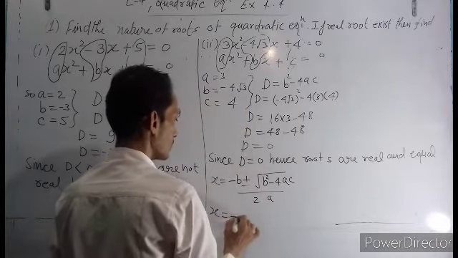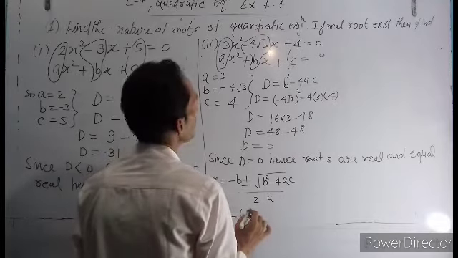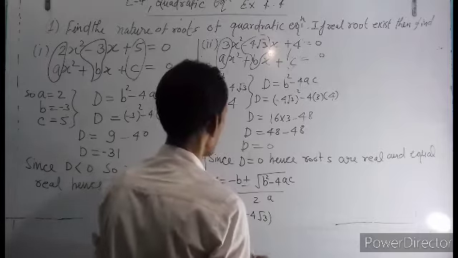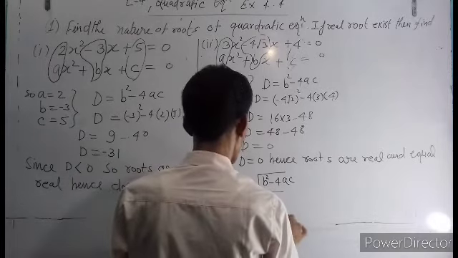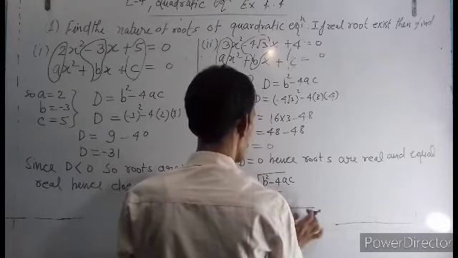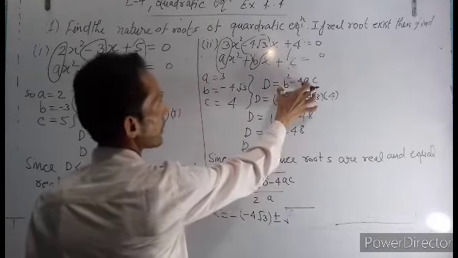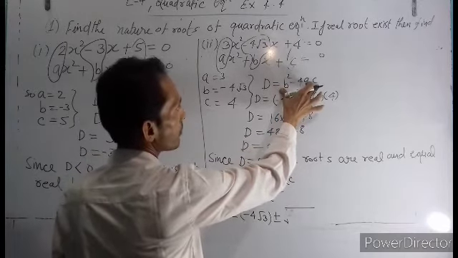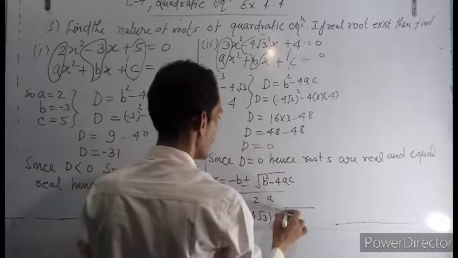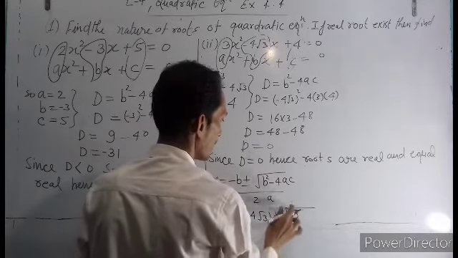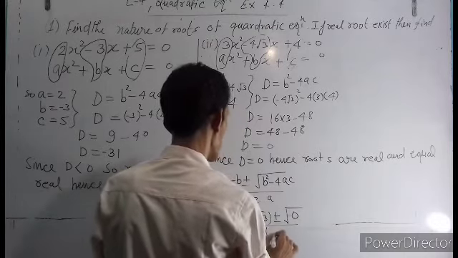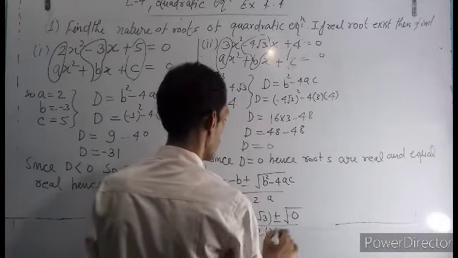So x equal to minus, in place of b, minus 4 root 3, plus minus under root, what is the value of b square minus 4ac? That is D, which is 0, upon 2a. What is the value of a? 3.